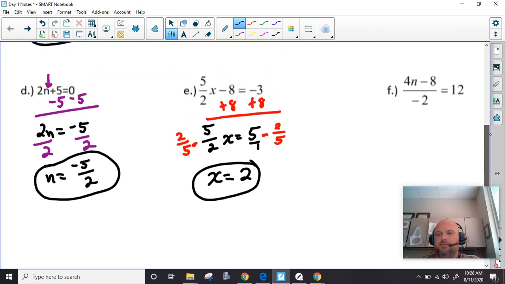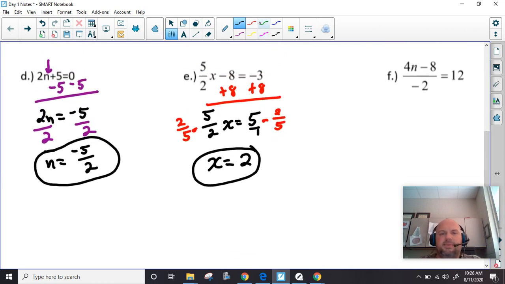Oh, too much of a big jump. All right. Now, this is a big fraction. Remember, on big fractions, we have to actually get rid of this fraction, this negative 2, first by multiplying. Okay. So 4n minus 8 equals negative 24. All right.